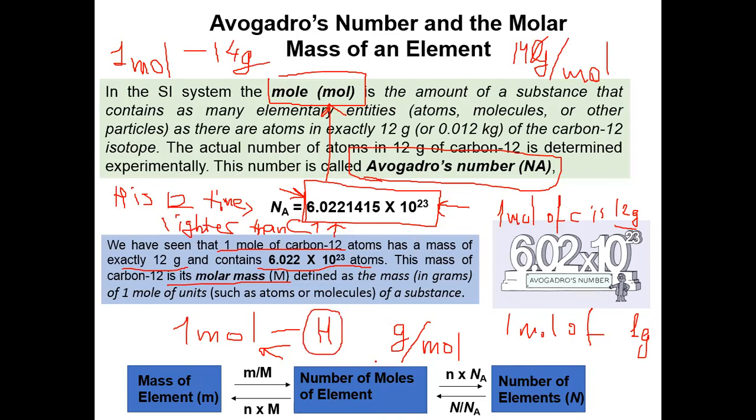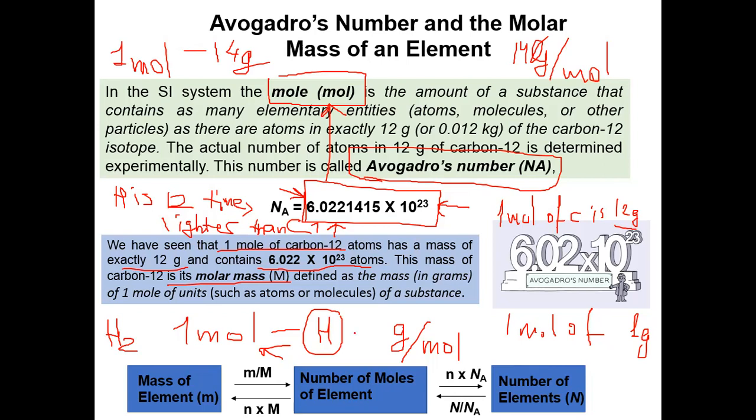If I have a hydrogen molecule, which is H2, what's going to be the molar mass of the hydrogen molecule? 2 grams per mole. Yes, right, the molar mass for the hydrogen molecule is 2 grams per mole.